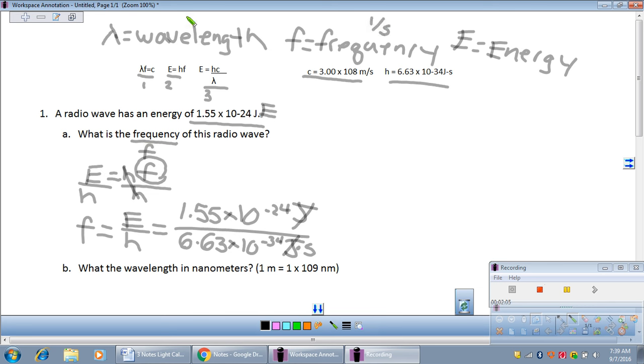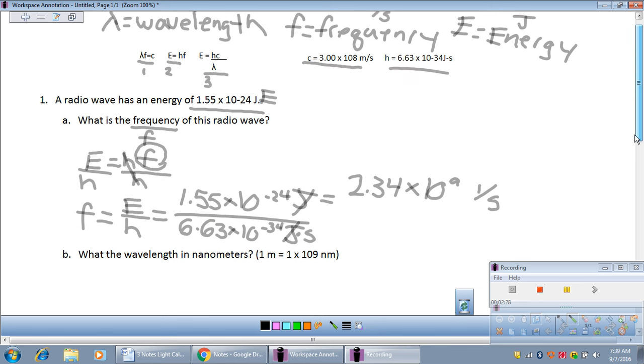Frequency is 1 over seconds, wavelength is meters, and energy is joules. So when you type that into the calculator, you get 2.34 times 10 to the 9th, 1 over second. That is your frequency. Make sure you use significant figures. The numbers going in each have 3 sig figs, so our answer should have 3 sig figs.